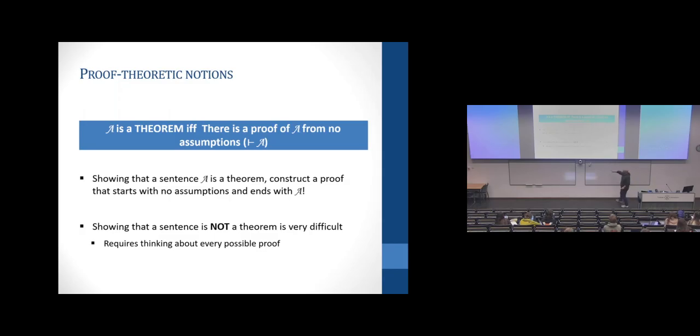There's literally nothing to the left. So you start your proof assuming nothing and end with this sentence. Cool? Make sense? Again, conceptually, that's the important thing. We'll talk about how to do some examples of it as we go along. So let's talk about our second concept.